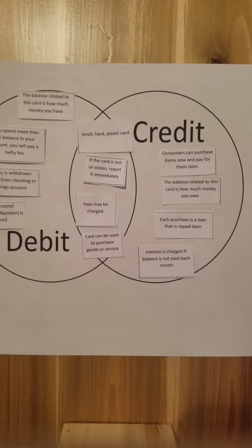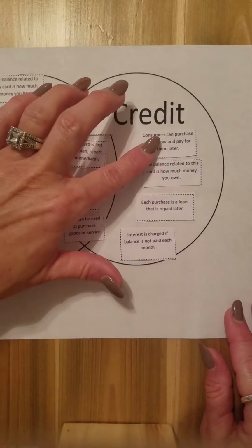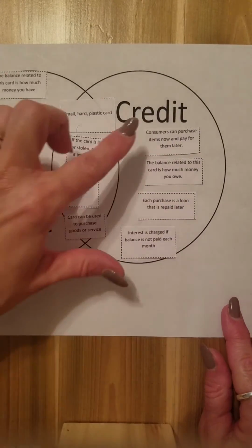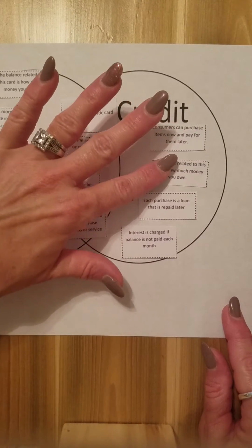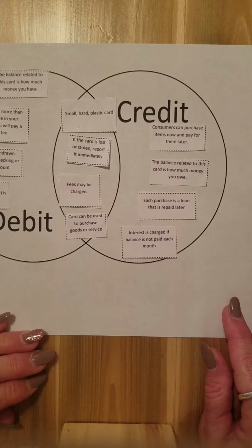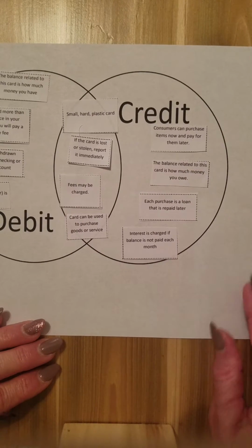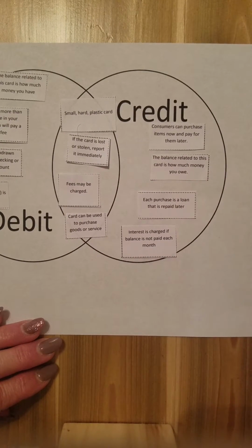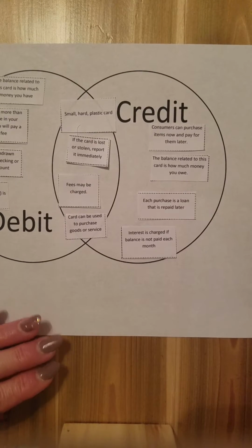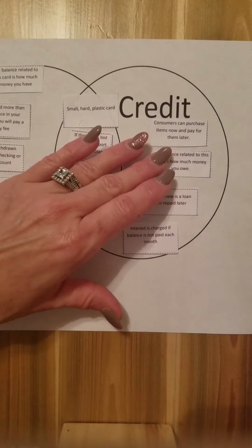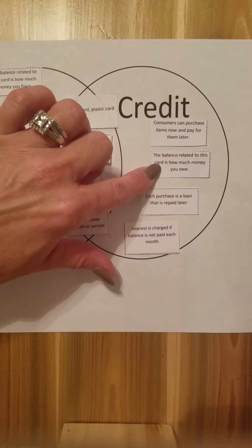Okay. On the other hand, credit cards, consumers, which is people who buy stuff, can purchase items now and pay for them later. So if you don't have the money now, you can use your credit card and pay the money back over time. Okay. The balance on the card is how much money that you owe them. So if you charge $500 on your credit card, your balance is how much money you owe at the time.